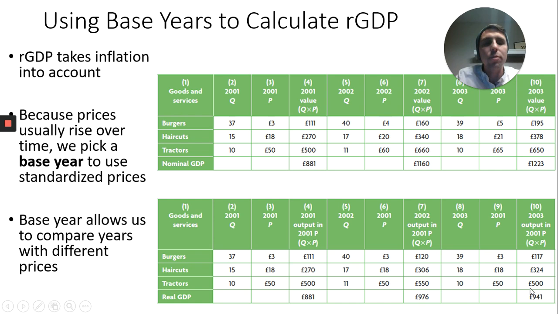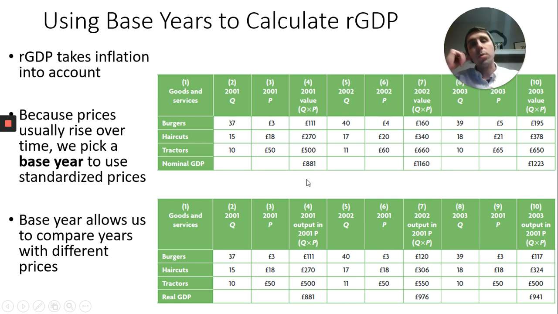But when we account for inflation, our GDP actually decreases from 976 to 941. So when we take inflation into account, although our nominal GDP might be significantly higher, our real GDP actually betrays us and shows us how an economy might look higher when we look at numbers, but the reality is that it might be shrinking. And this is the trick that inflation plays on us.